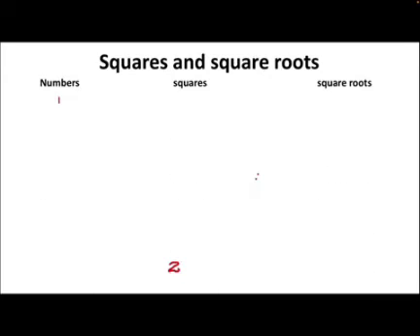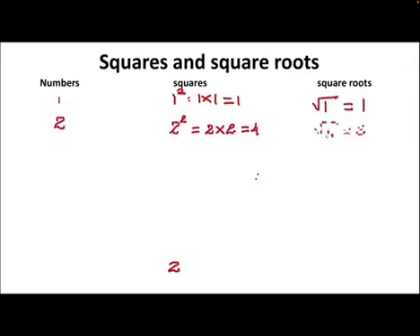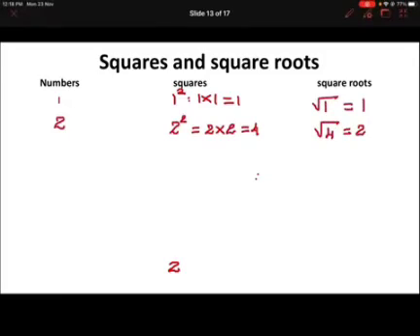Now, squares and square roots. I'll tell you why we are learning this. Numbers, squares and square roots. Now here children, please look at these numbers. These are natural numbers, okay? 1, 2, etc. So squares of numbers, what did we learn just now? 1 square means 1 into 1.